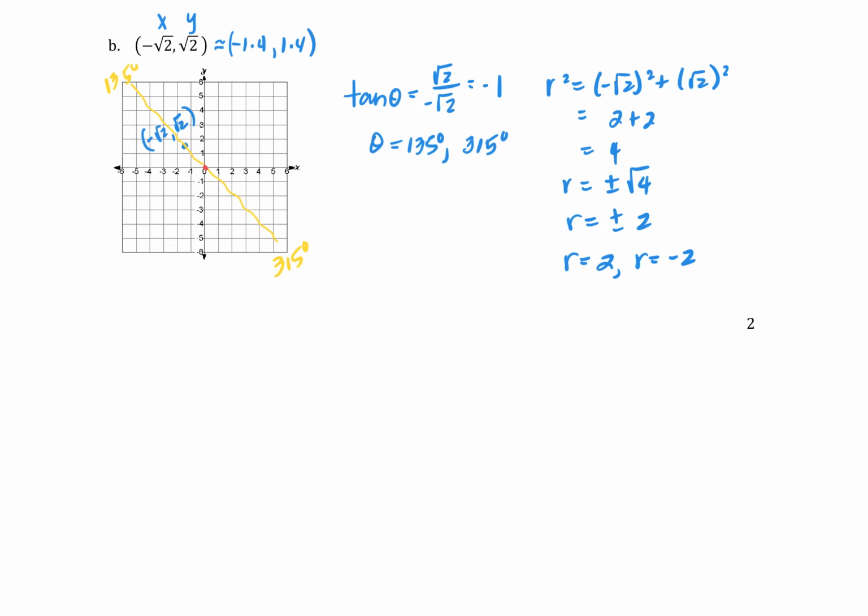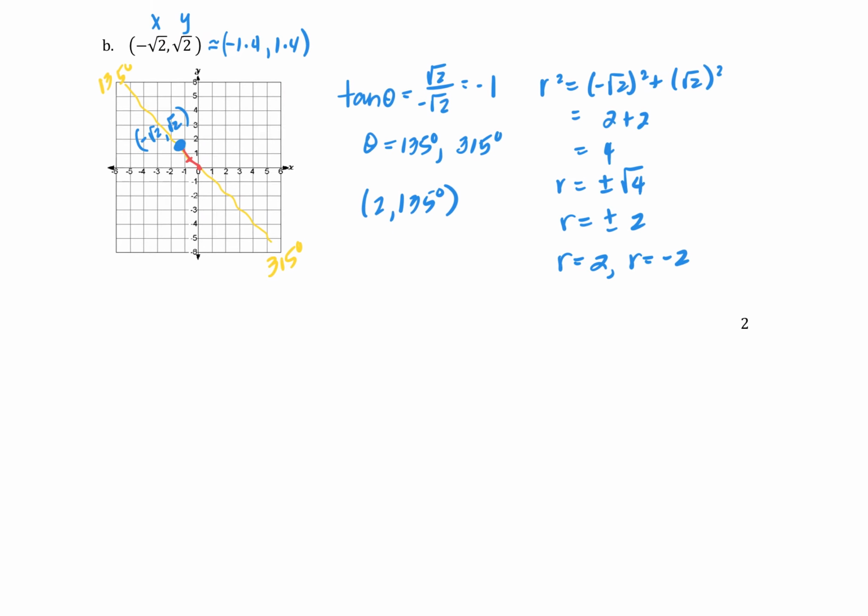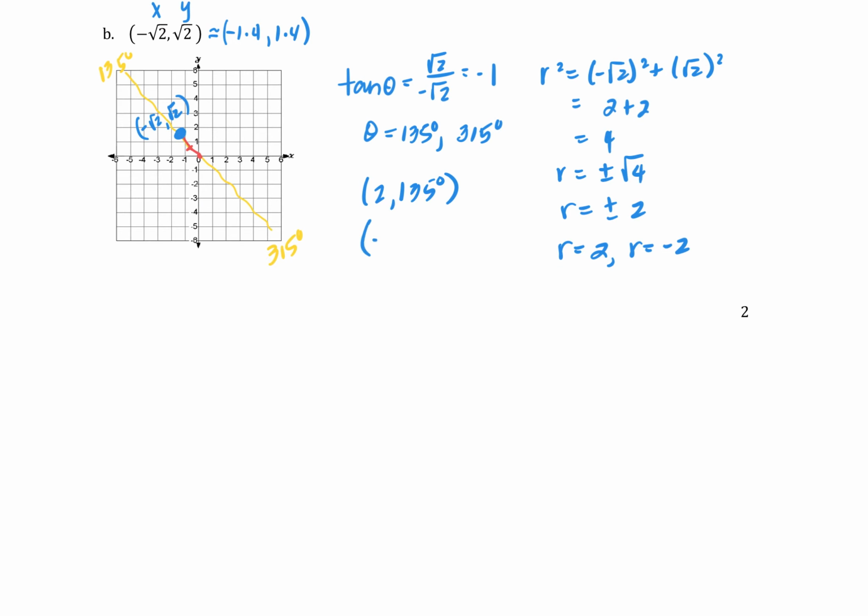Remember that the units here would be something like that. So if I go 2 units, I'm at my point, a positive 2 units, and that's if I do the 135 degrees. So the positive 2, 135, that would get me to that point, negative square root of 2, positive square root of 2. Now if I use the 315 as my angle, then my r would have to be negative 2.